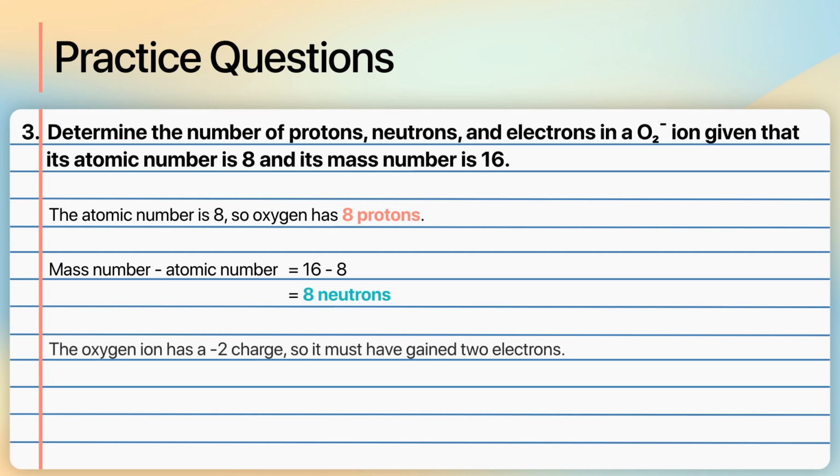Since the oxygen ion has a -2 charge, it has gained 2 electrons. Therefore, the number of electrons is the atomic number minus the charge, which is 8 minus -2, which gives 10 electrons. By practicing with these examples, you'll become proficient in determining the numbers of protons, neutrons, and electrons in various ions.